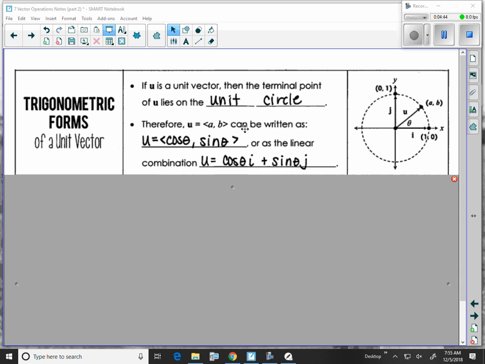So the terminal points fall all along that. It doesn't necessarily have to be the degrees that show up. It could be, for example, 97 degrees. So it doesn't have to be a nice number, but sometimes it will be, and that's why we need a unit circle.